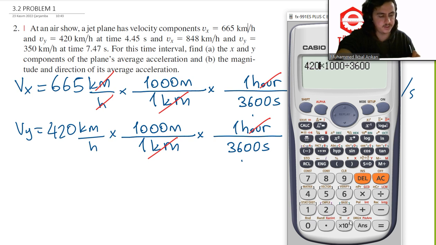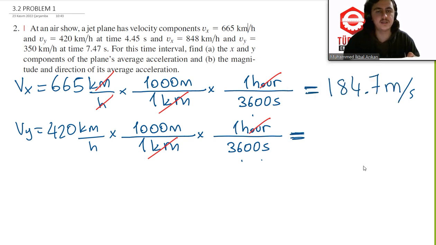Put 420, then you will get 116.6. Actually it is nearly 116.666, so when I round it, it will be 116.7. So this is my Vy.